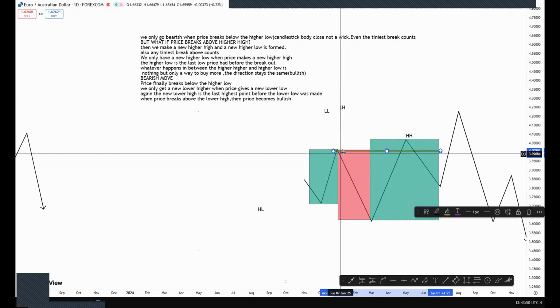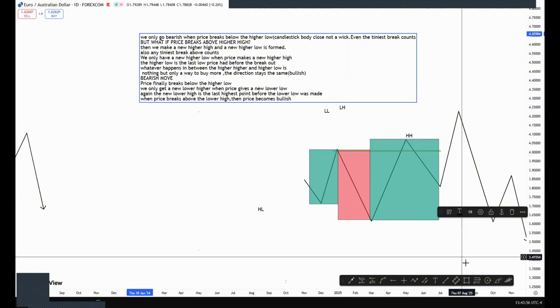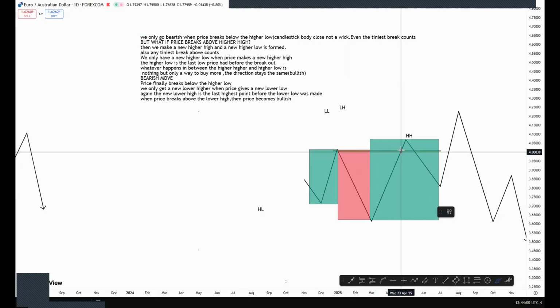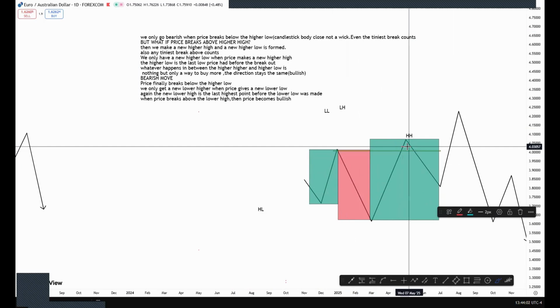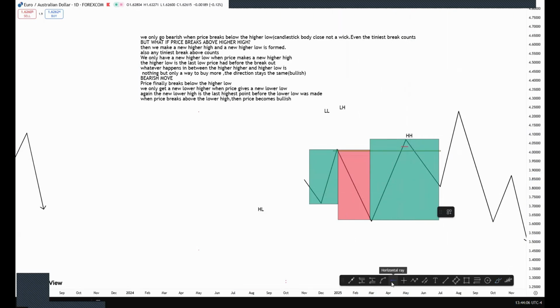the lower high. Let me do this because this can confuse. The moment we just get the break, even if the candle closes at this point there, that should be your higher high.